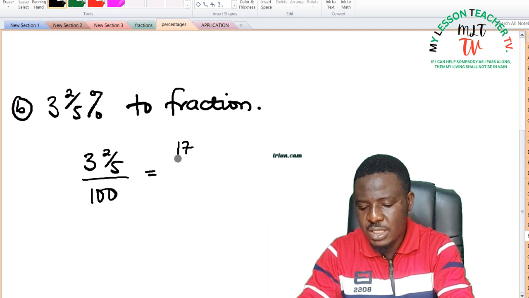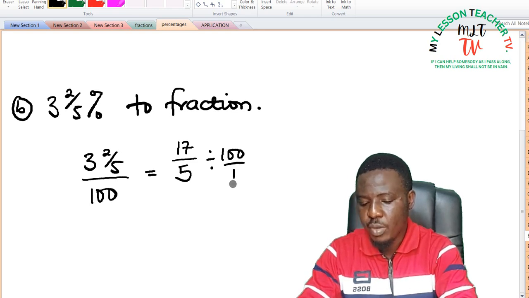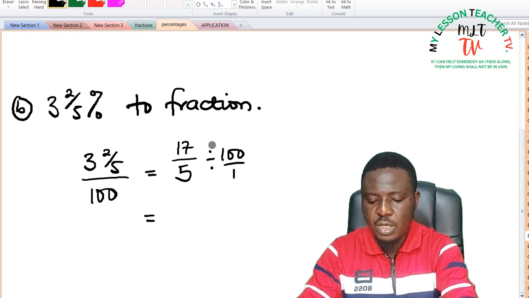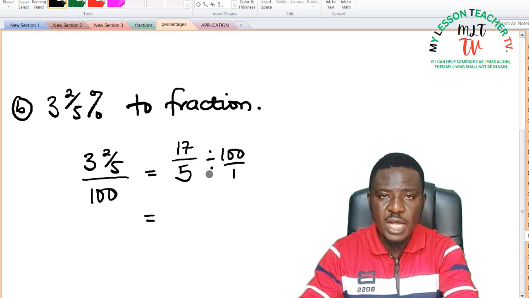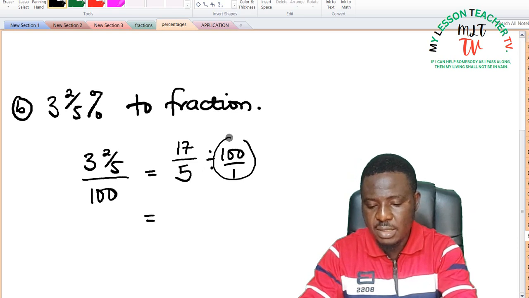So we have 17 divided by 5, all divided by 100 over 1. When you simplify this, you change the division sign to a multiplication sign, and you have to invert the next term.